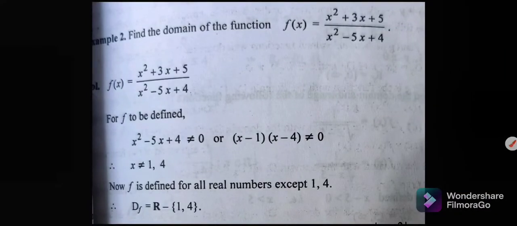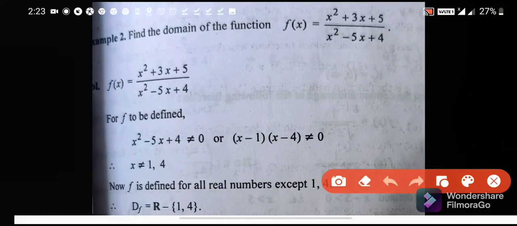Next, find the domain of the function f(x) is equal to (x square plus 3x plus 5) divided by (x square minus 5x plus 4). Now to find domain, denominator is not equal to 0. x square minus 5x plus 4 is not equal to 0.